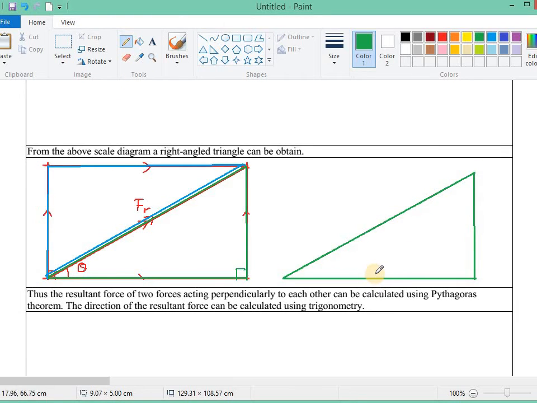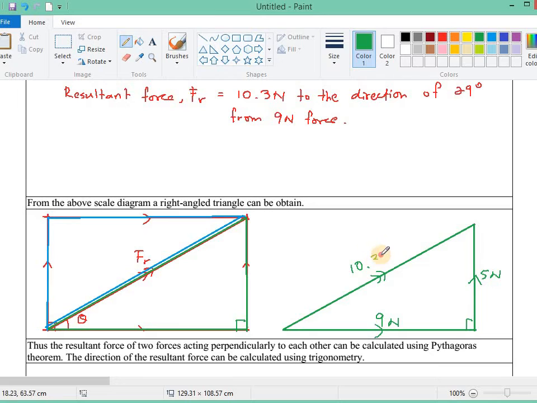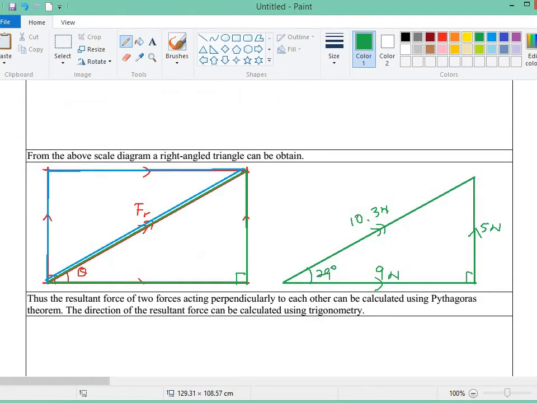From this right angle triangle, this is 9 Newton, this is 5 Newton, and the resultant force is 10.3 Newton. This angle is 29 degrees.